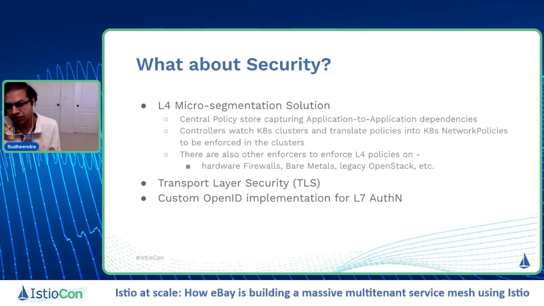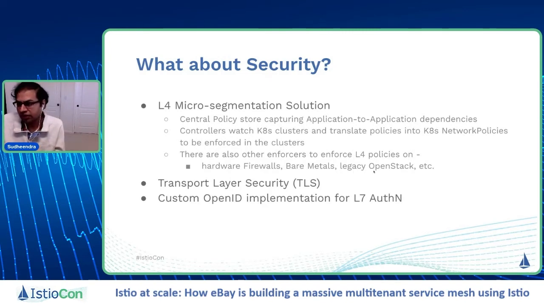So we can think of the policy store and this layer as one layer on top of the Kubernetes network policies. And given the variety of workloads, and given our previous deployments in legacy, OpenStack, and bare metals, we also take the same policy store, and we also have enforcers to enforce them on hardware firewall devices, bare metals, OpenStack, and so on.